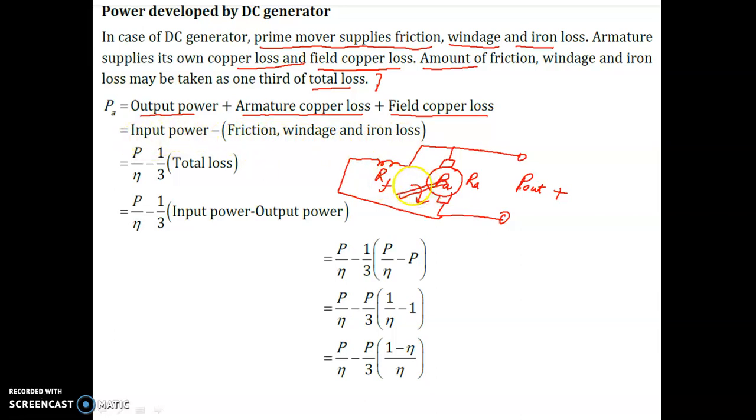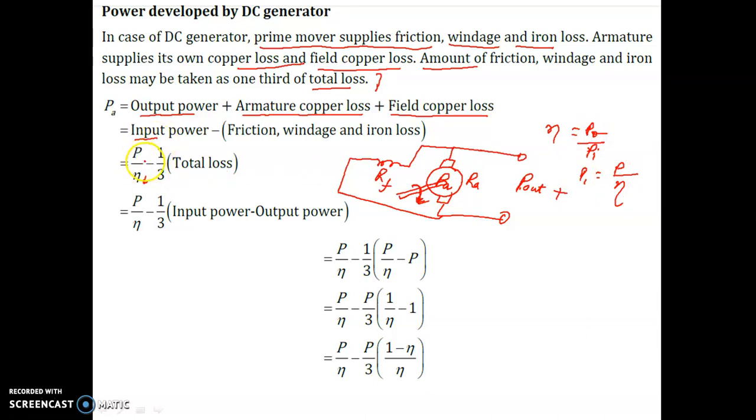The input power is given by means of the prime mover. So this is input power minus friction and windage losses. Now the efficiency is equal to output power divided by input power, so P in will be equal to P output by efficiency.